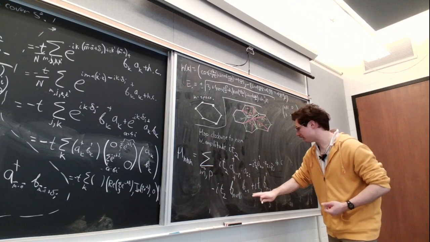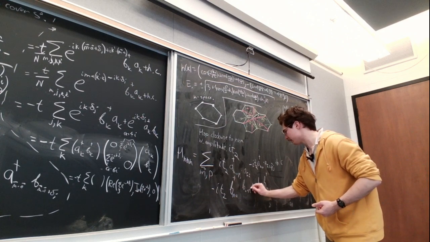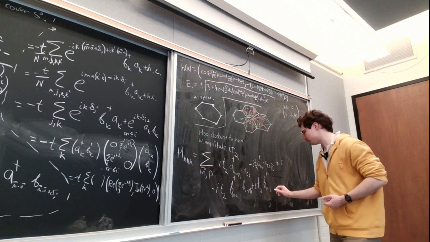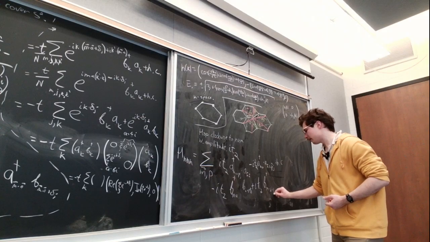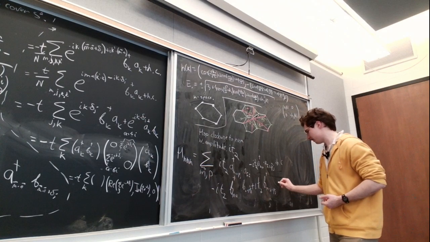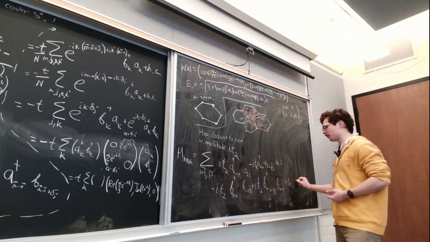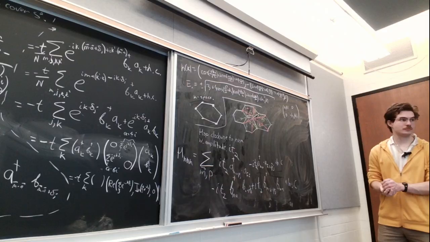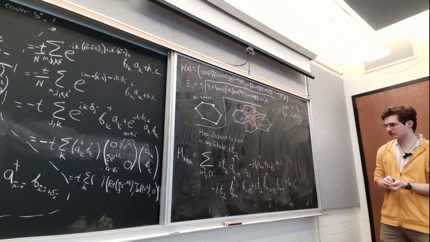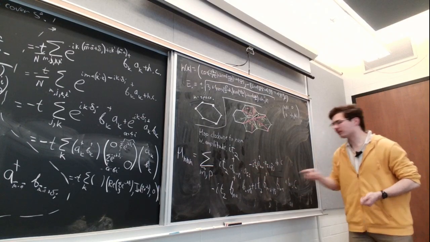Oh, sorry, this should be like this and like this, and then this should be a twiddle, and then this should be like this and like this. Okay, and then I should have Hermitian conjugate. Yeah, so this term is this term, this term is this term.